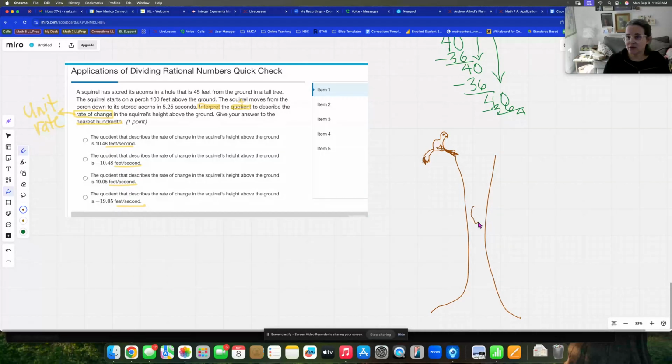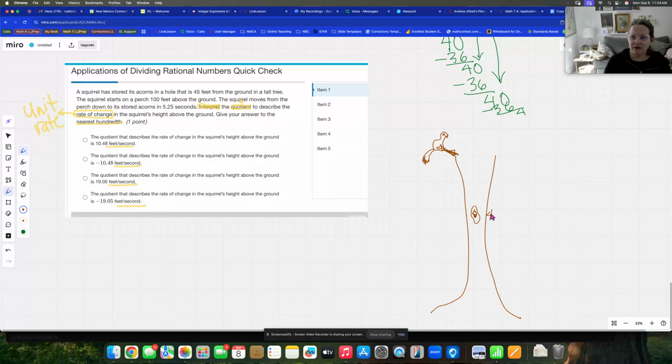Okay, and then this is the little hole where the squirrel keeps its acorns. Oh, that was a good acorn, you guys. Look at that, okay? The squirrel's bad, but I made up for it. See, the acorn looks like an acorn. Or a brown strawberry. Okay, so the squirrel stored the acorns 45 feet above the ground.